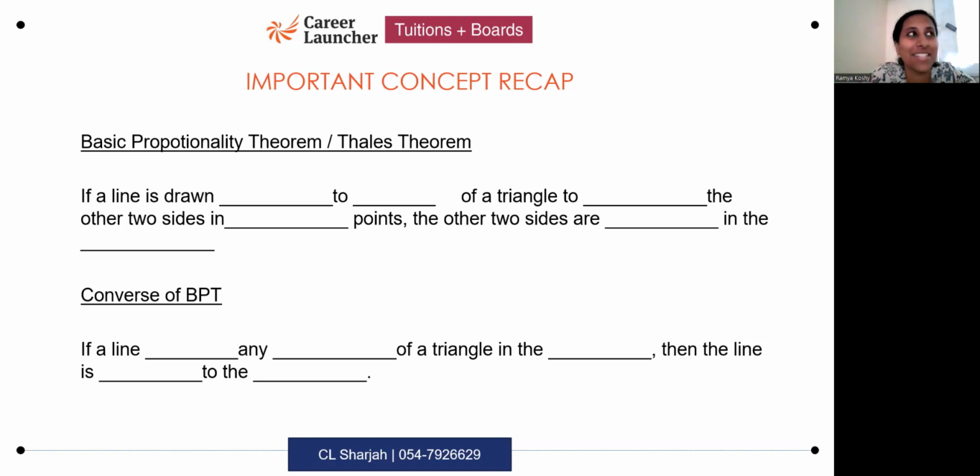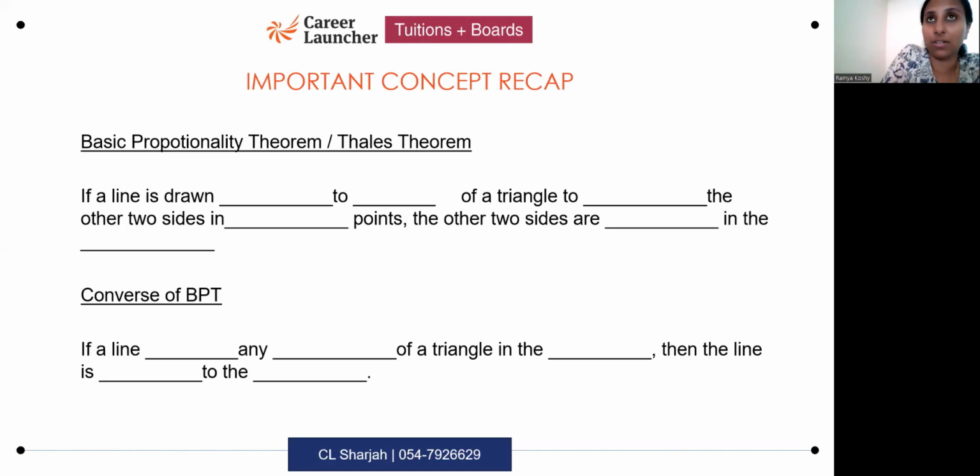Think opposite, reverse statement. Can you check? I'll write it down. We'll lose time otherwise, okay? Check while I'm writing it down.